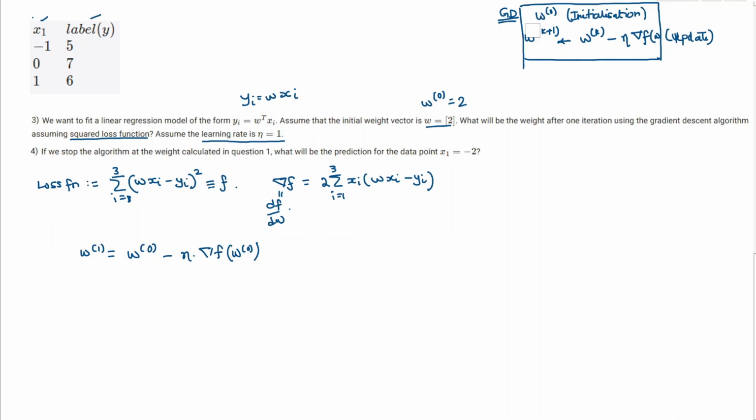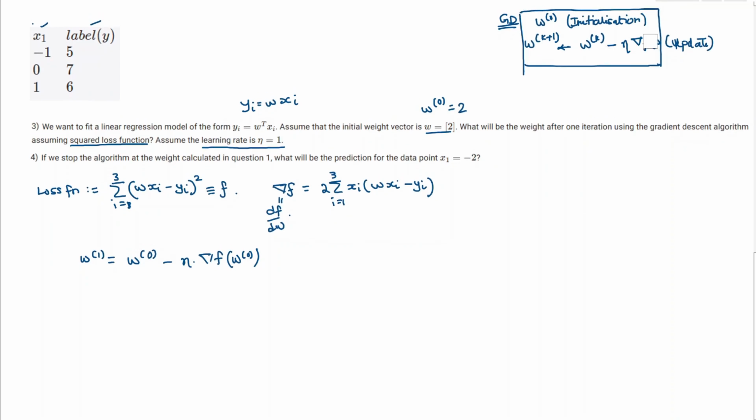So we need to use the parameter value obtained at the kth iteration in order to compute the k plus 1th iteration. That is the point. So this is the gradient of f evaluated at wk. Now we know w0 is 2, eta is 1, and the gradient of f is given by 2 times the summation of xi into (w xi minus yi). So we need to compute that.